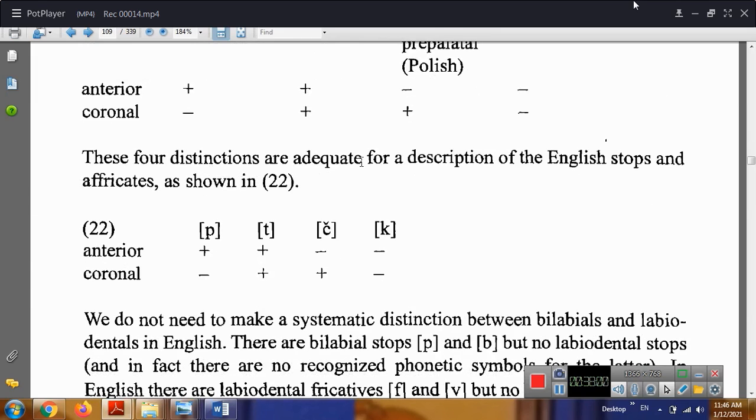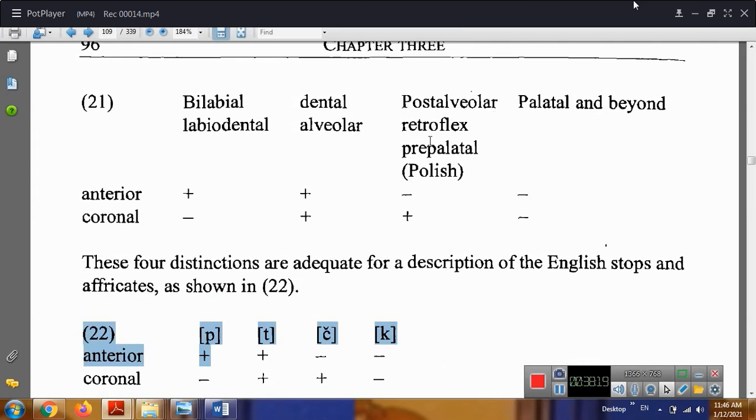These distinctions are adequate for the description of English stops and affricates as shown here. For example, P, which we put in square brackets as a phonetic representation of such a sound, is plus anterior according to the definition of anterior which we had here.